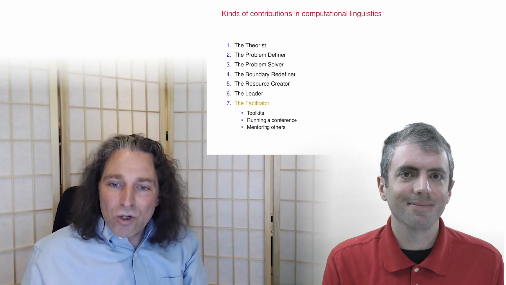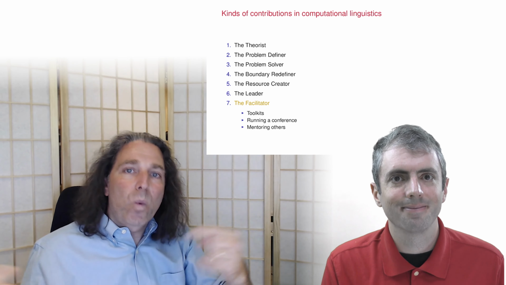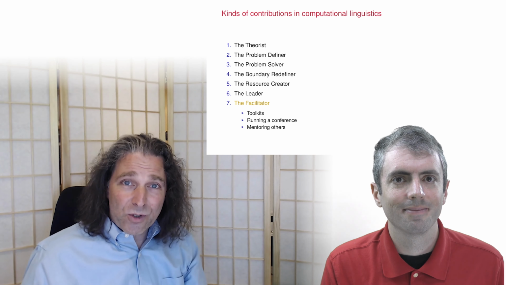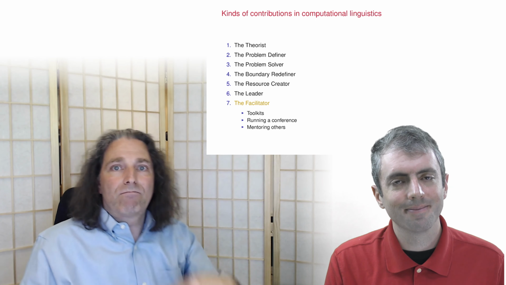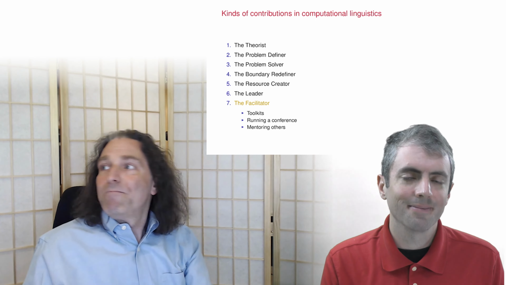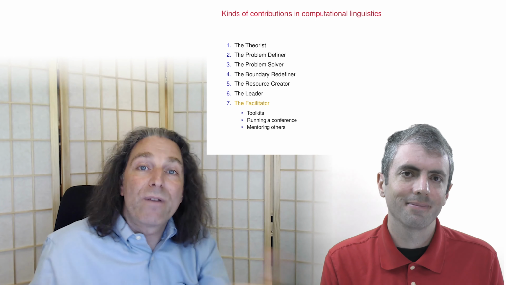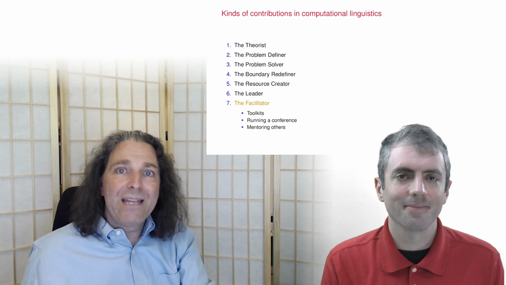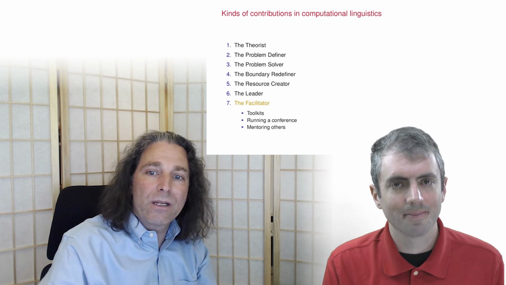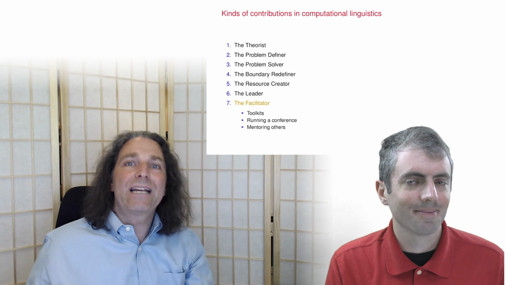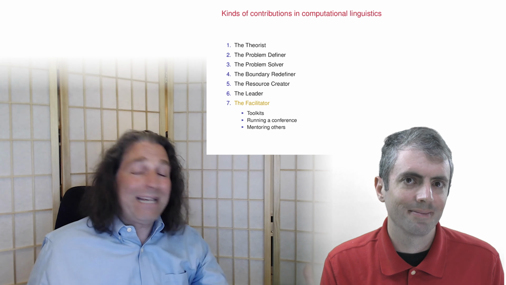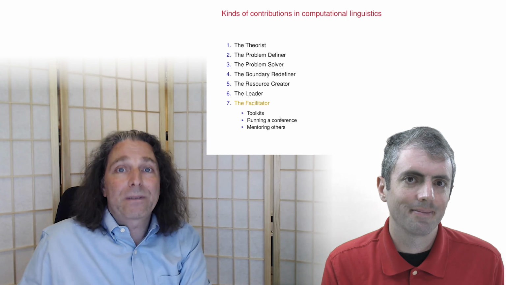That human-to-human connection is a place where we as individual researchers can contribute, right? By spending time focusing on making other people more visible, helping forward them in their ability to move their career forward in the field. And in many respects, this idea of facilitating the community may in fact be the most important way that people can contribute.